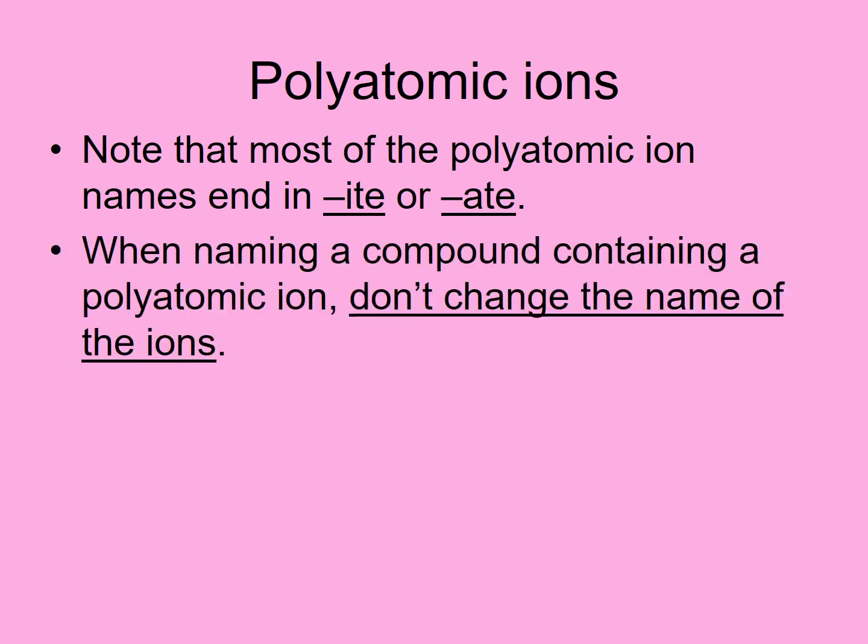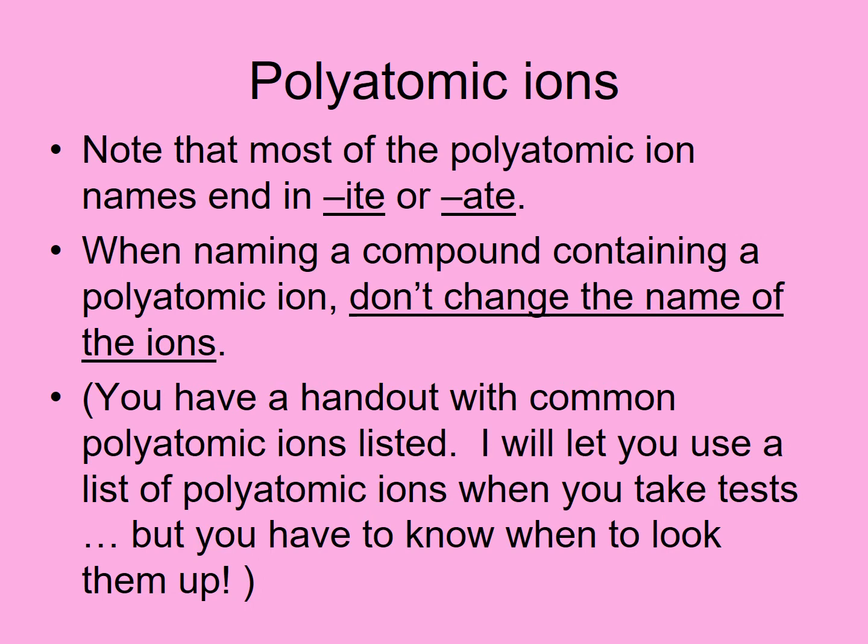If you see those suffixes, look up those ions. When you have the formula and you're giving the name, you don't change those endings. So you don't change nitrate, you don't change sulfite, you just write it down. So write down the ions, write down their names exactly as listed on the handout that I have given you.